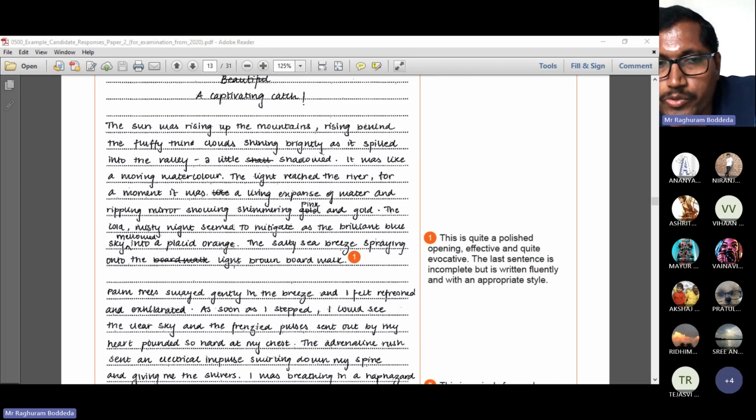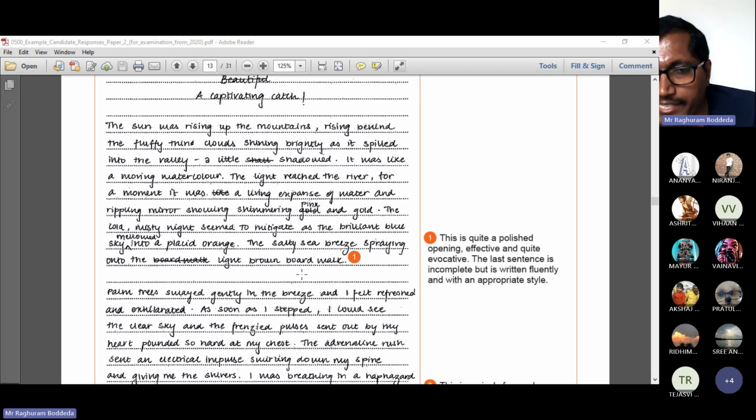So they also use some of the words like this, right? Rising up mountains, right? And even the spilled into the valley, and a little shadowed, and even they used the light reached living expanse of water, a rippling mirror showing shimmering, and pink and gold.